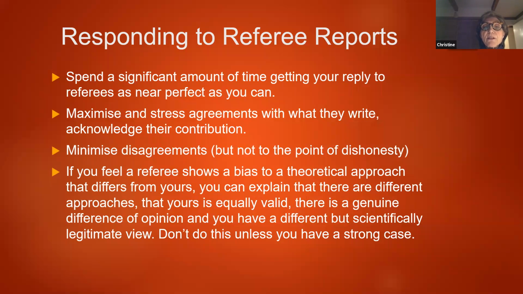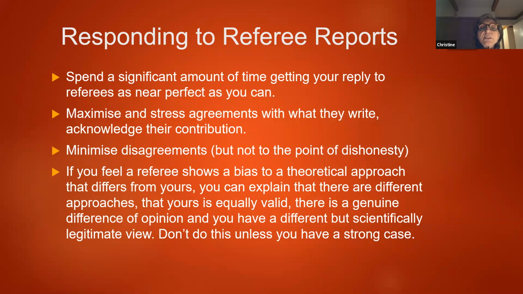Minimize disagreements, but not to the point of being dishonest. You don't have to emphasize these. If you feel a referee shows a bias to a theoretical approach that differs from yours, for example, your paper is qualitative and they are a quantitative person, and you can see that obviously they don't understand qualitative, then you can perhaps separately ask the editor for another type of reviewer if you choose.